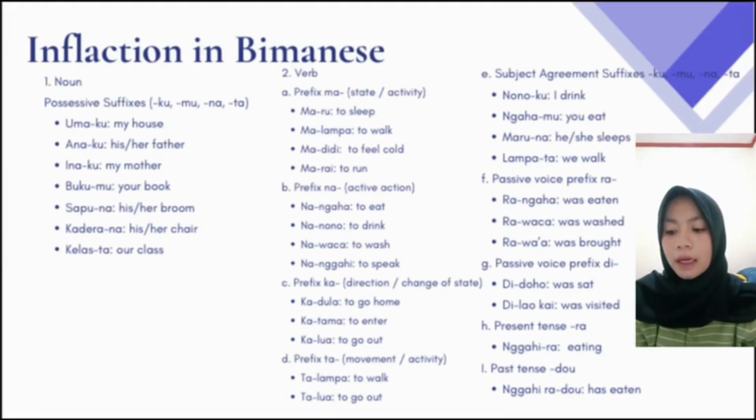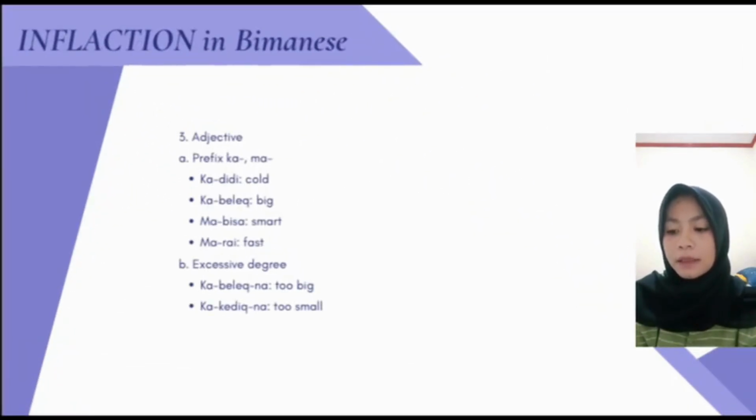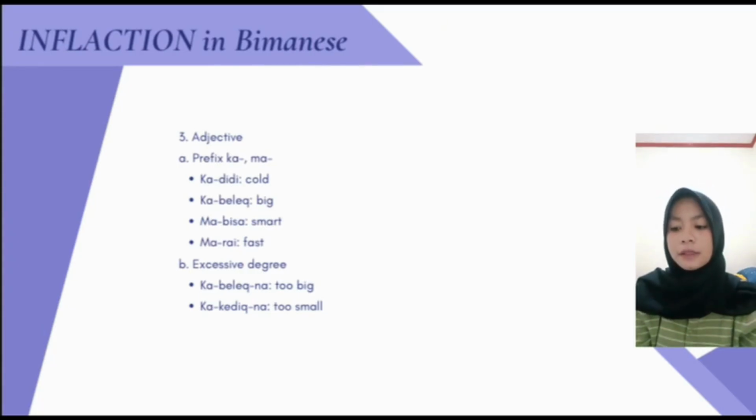And then the third is adjective inflection, and the last inflection is adjective. Adjectives in the Bima language can also be formed and modified using prefixes and suffixes. The first is prefix ka and ma. These prefixes are used to form adjectives describing qualities or characteristics.